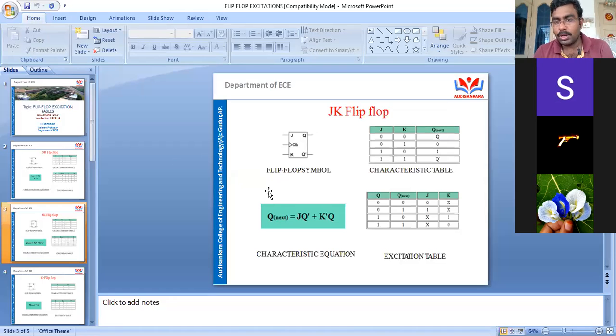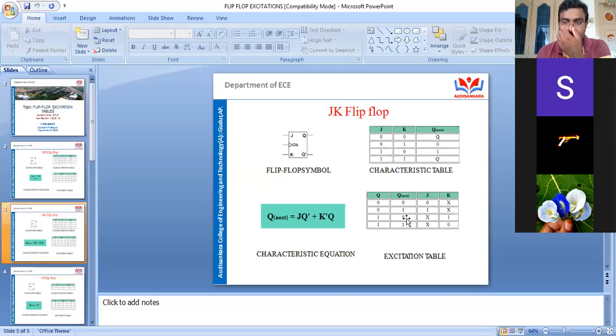You have a feedback connection from Q bar to the first input J, and a second feedback line from Q to K. So if you multiply those values and add, J into Q bar plus K bar into Q, you get the feedback lines from output to input in JK flip-flop. J into Q bar plus K bar into Q is the characteristic equation for JK flip-flop.